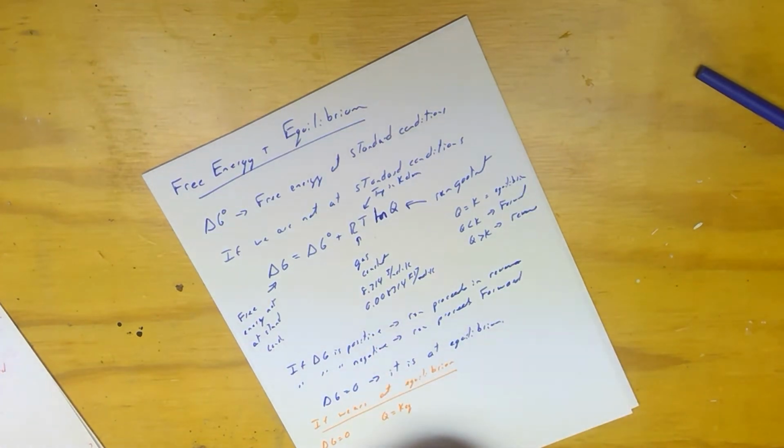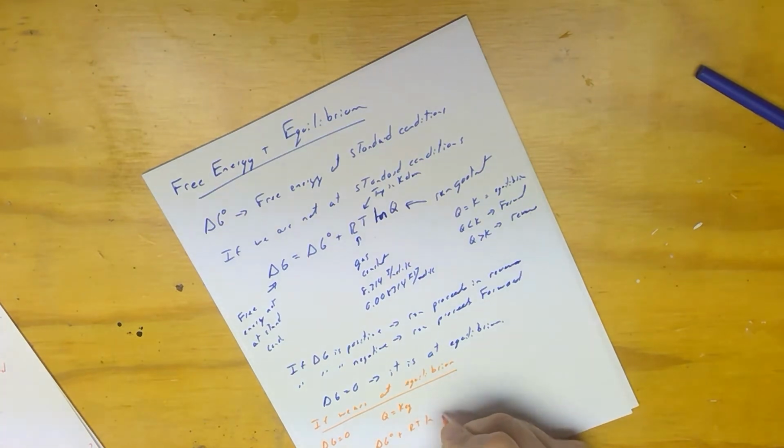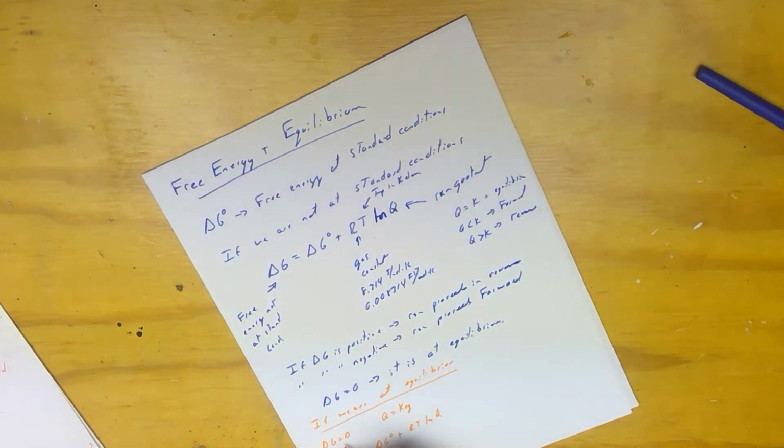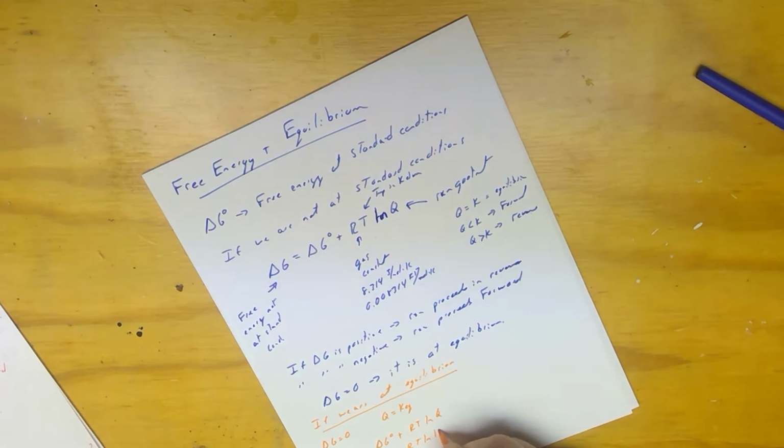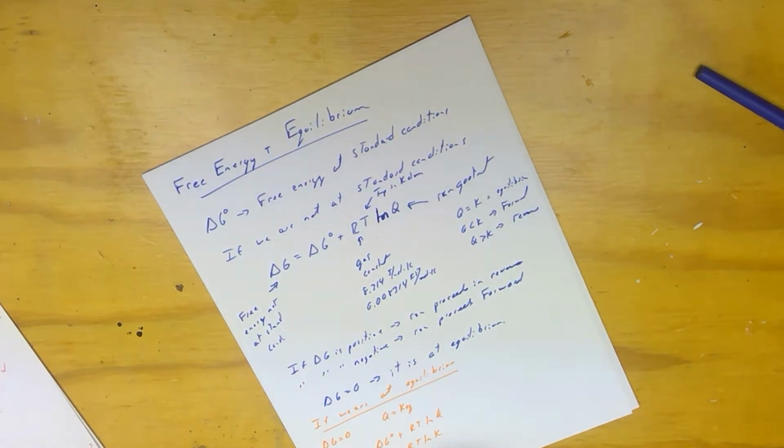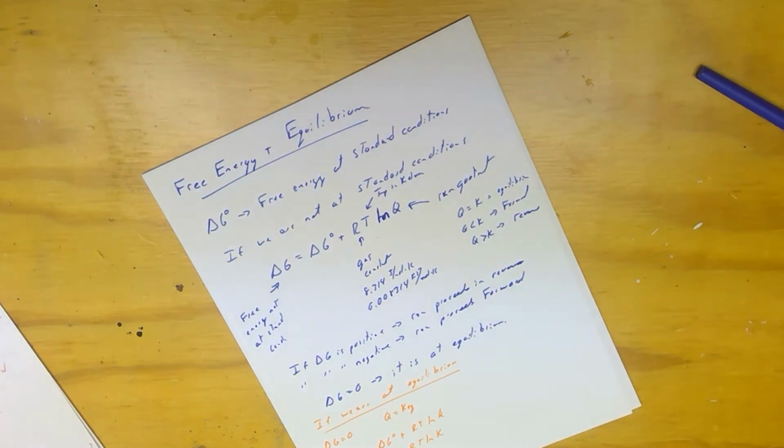So we can rewrite delta G equals delta G naught plus RT ln Q. We know that delta G at equilibrium is equal to 0, so 0 equals delta G naught plus RT ln K, our equilibrium constant. We can rearrange this, and it turns out that delta G naught is equal to negative RT ln K. All right, and you'll need that equation. So at equilibrium, we can use this.